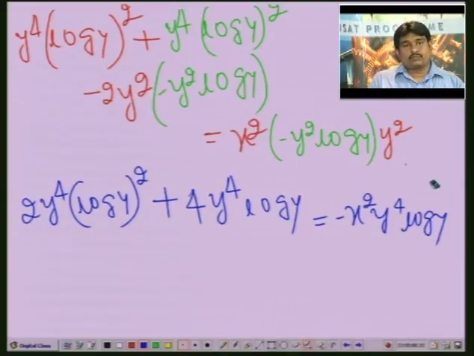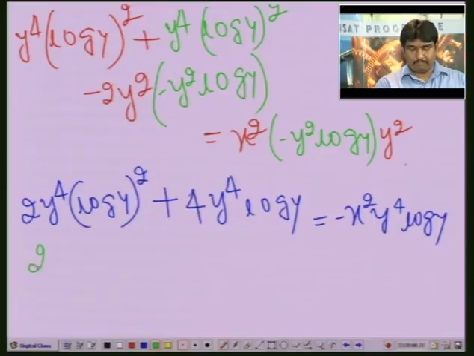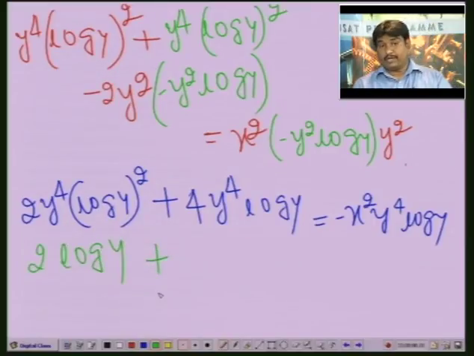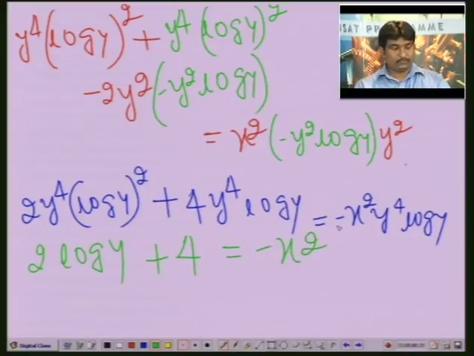Now, divide throughout by y to the power of 4 into log y to get 2 log y plus, since I am dividing by y to the power of 4 log y, it is only 4, equals minus x square.